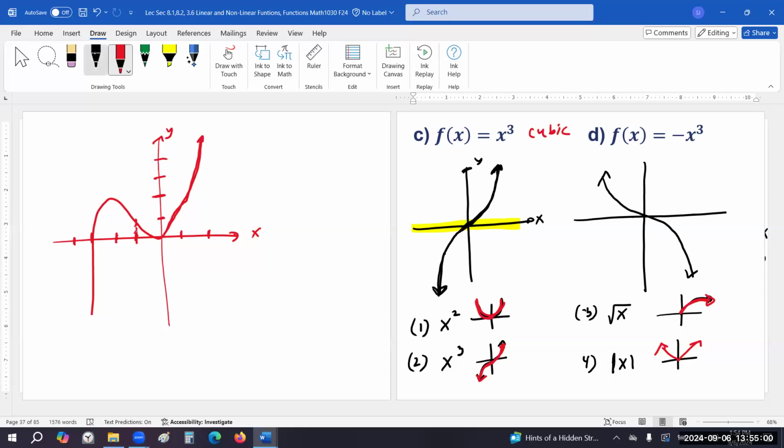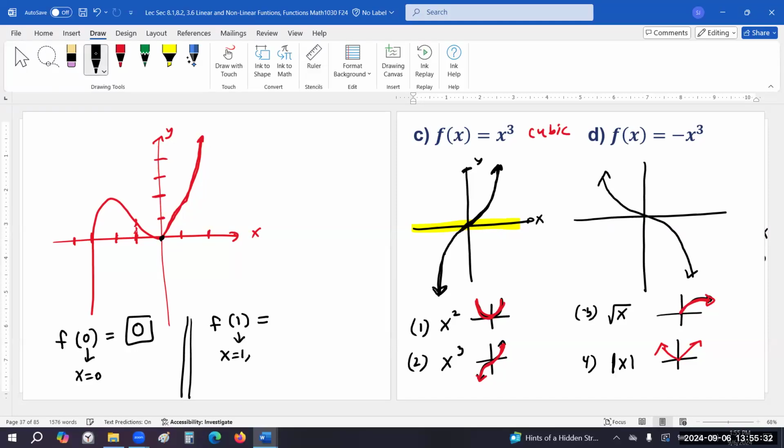Okay, now about clearing your confusion. If I ask you what is f of 0, it means when x is 0, what's the y value? It's 0. If I ask what is f of 1, what is this 1?